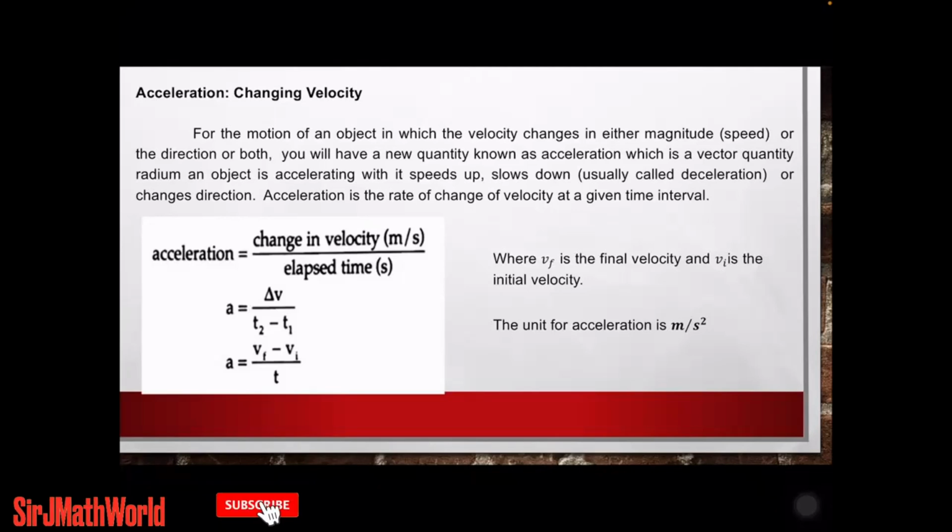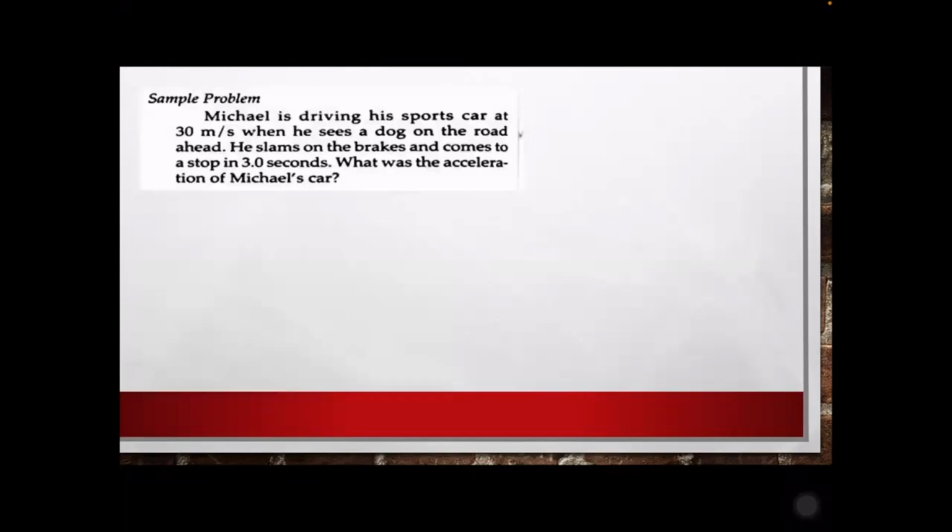So, saan ba nakikita yung acceleration? Ito yung gaano kabilis yung iyong car. Aside from the speed, you can also have the acceleration as how fast is your car. So, example natin, we have here Michael. Michael is driving his sports car at 30 meter per second when he sees a dog on the road ahead.